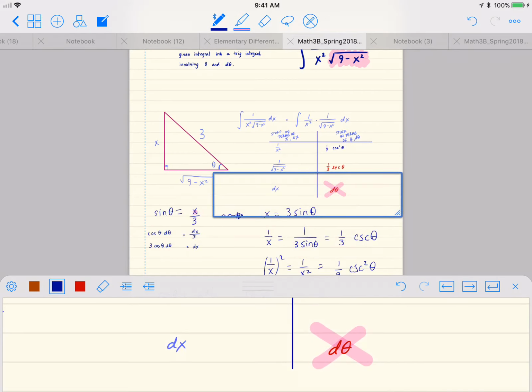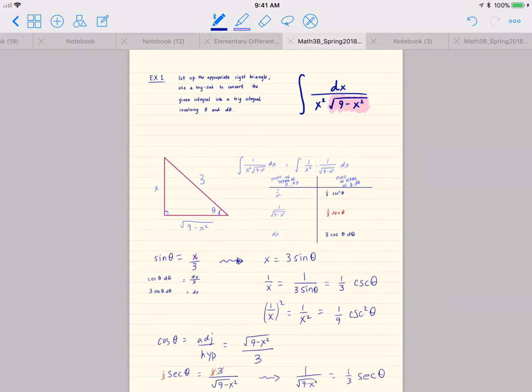So let's erase this, which is incorrect, and we'll get 3 cosine theta d theta. It's important to do it this way, because if you compute your dx properly, then terms will cancel out. If you just say dx must be d theta, it's going to be impossible to complete the next step, because terms in your integrand aren't going to cancel out like they need to. Okay, so I can put all of this together.